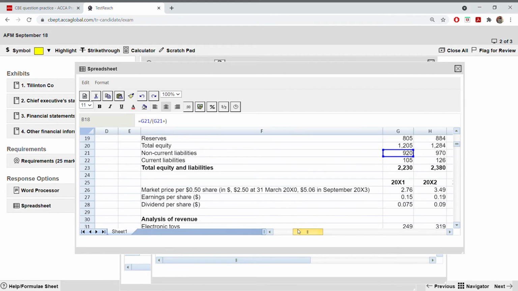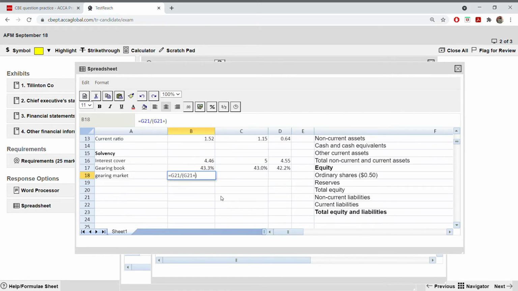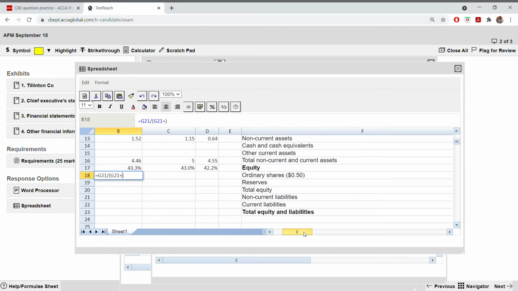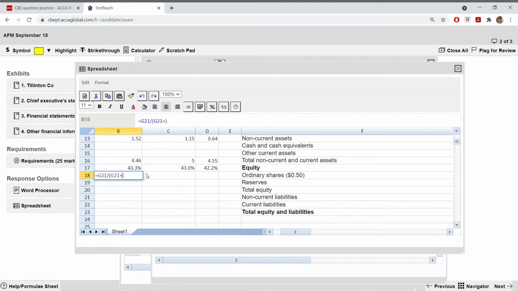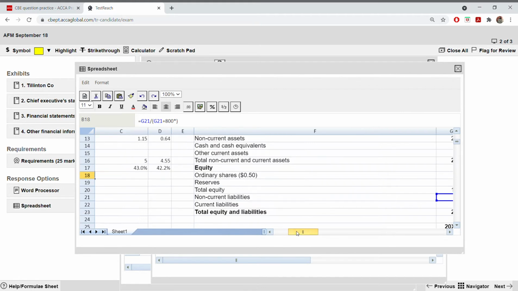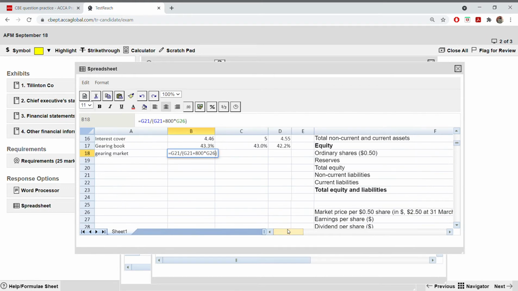2.76 is your share price. So you take 800 and multiply it by the share price, 2.76.